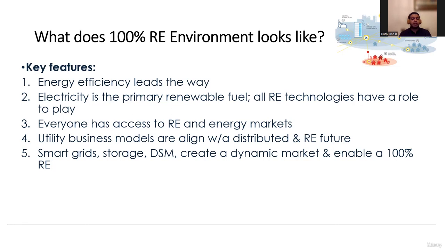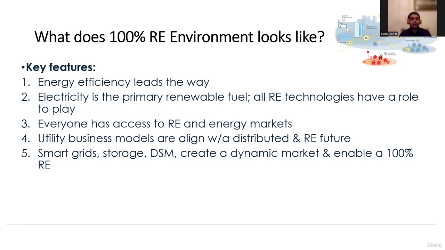Number four, try to be collaborative enough so we have distributed renewable energy interconnected with each other. This will usually help. For example, two farms are depending on 100% renewable energy. Why not interconnect with each other? So when one of them has excess electricity, it can sell to the other farm and vice versa.